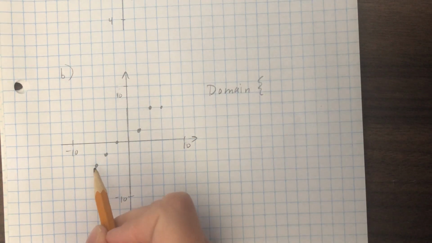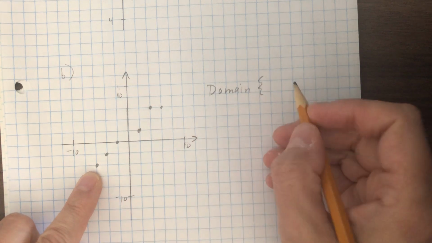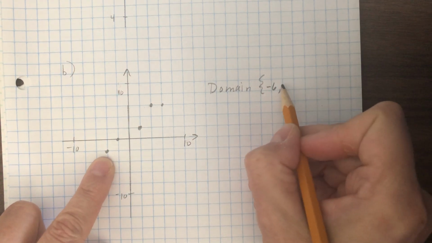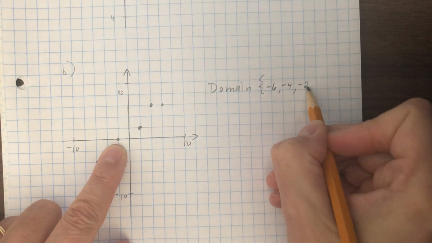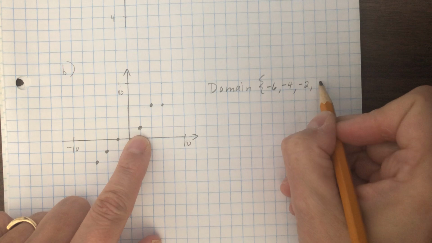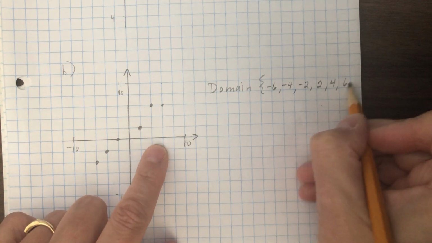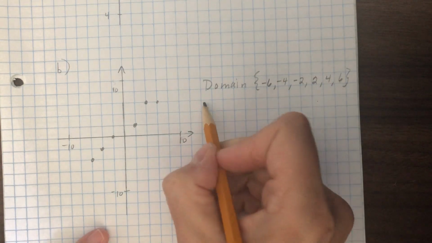Starting with the leftmost point, I would have an x coordinate of -6, followed by the next point, which has an x coordinate of -4. And this one will have an x coordinate of -2. The next one will have an x coordinate of 2. Then 4, followed by 6. So that's my domain. Those are all the possible x coordinates that make up the graph.